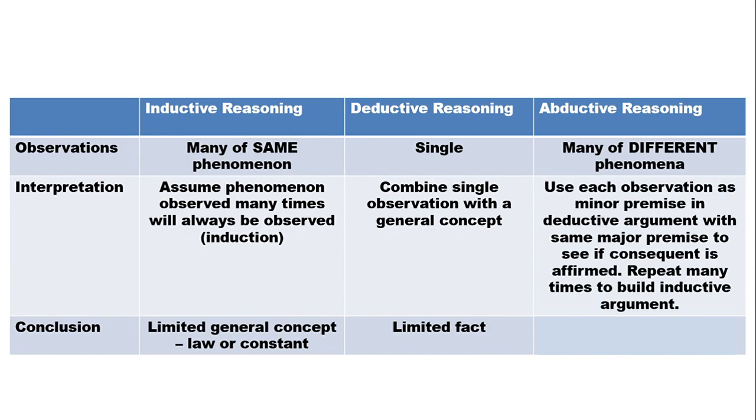And then for each of those observations, we assume they're the minor premise in a deductive argument to see if the same major premise will affirm the consequent in each case. And we repeat this many times to build up an inductive argument. And at the end of it all, I know it's confusing right now, but at the end of it all, we come up with a broad general concept, which we call a hypothesis or a theory.